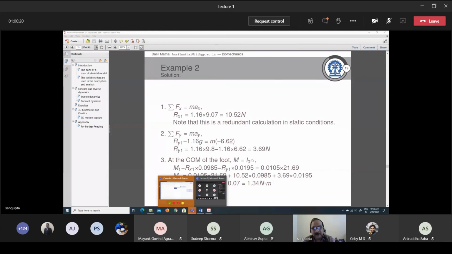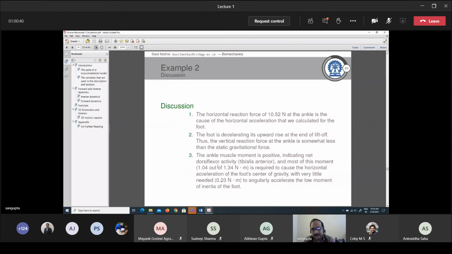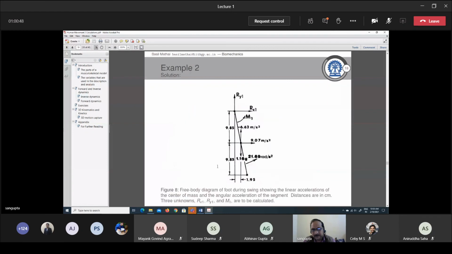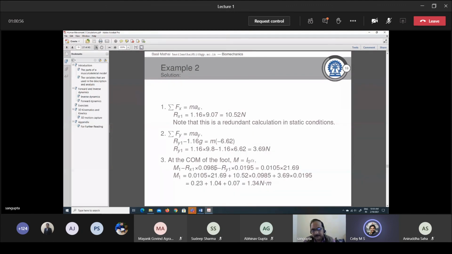Okay. So here in that example, you can see they have taken Rx1. In the next example, Example 2, moment about the COM, Rx1, Ry1, Rx1 is taken. In Example 2, since we have got a horizontal component for acceleration, we have this horizontal component of the reaction.